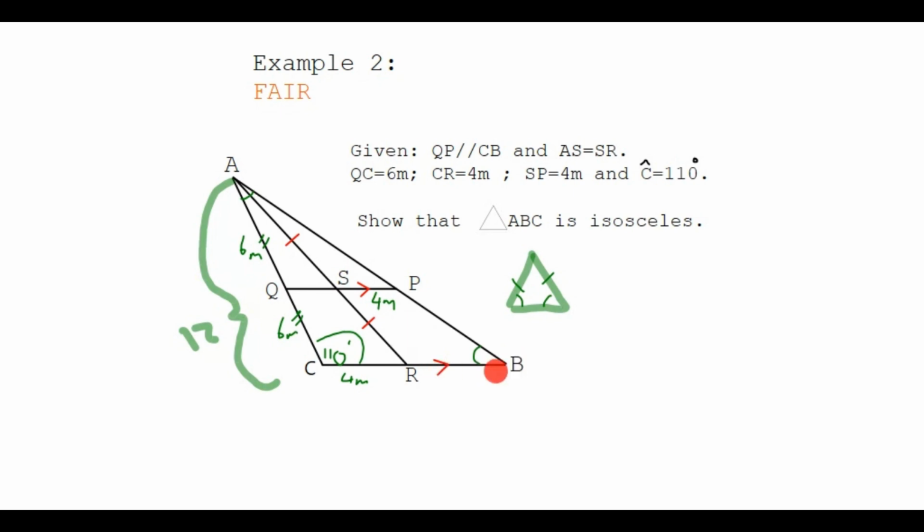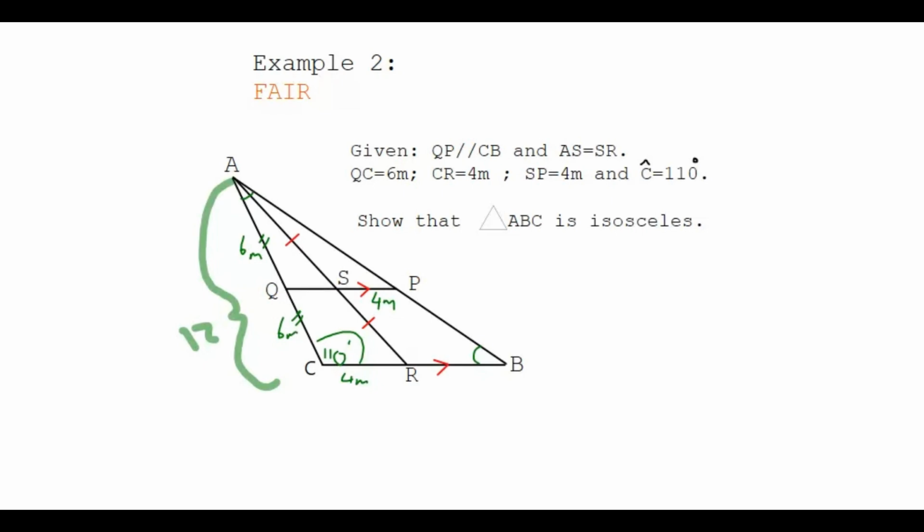Or RB. Do we have the midpoint? Well, yes, we've got this midpoint theorem here. We know these two sides are equal, and we know these two sides are parallel. So we can say, okay, hold on, if this is the midpoint and these two sides are parallel, then this is equal to this. Or we can also say, because of the midpoint, this is half of that, meaning RB is 8. Alright, let's go and write that down.